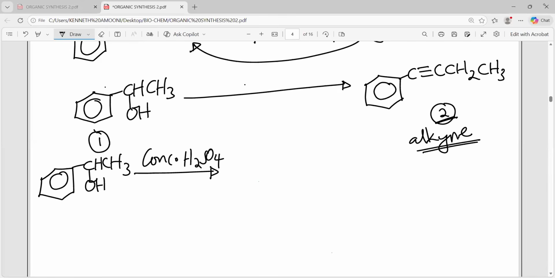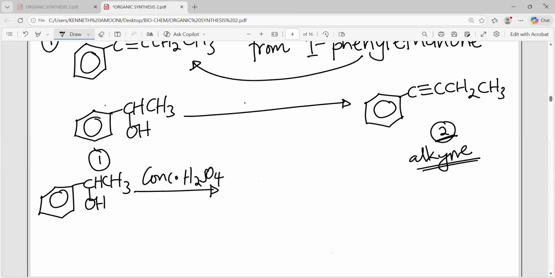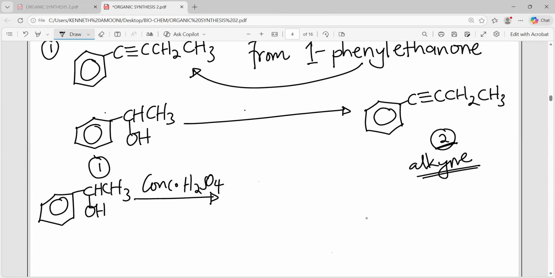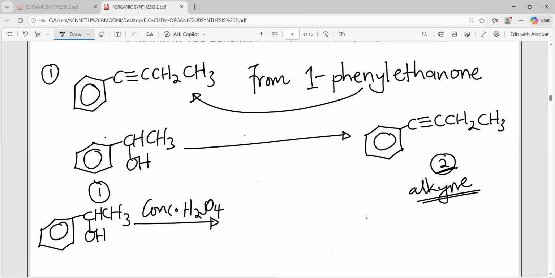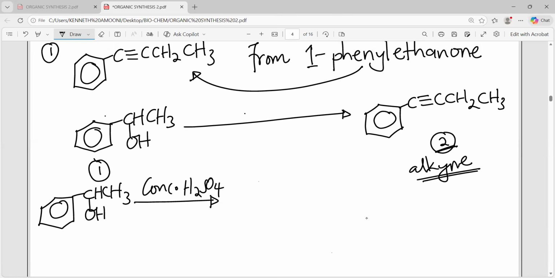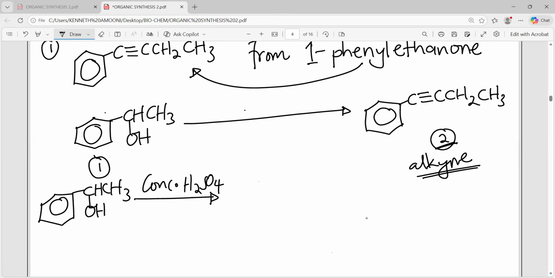So the first thing we are going to do is use concentrated sulfuric acid.